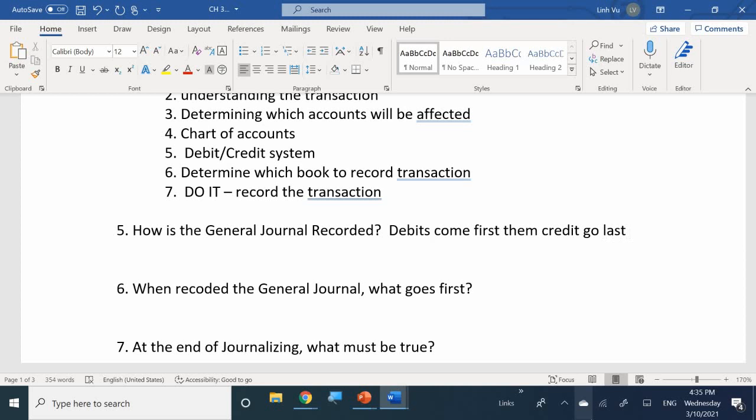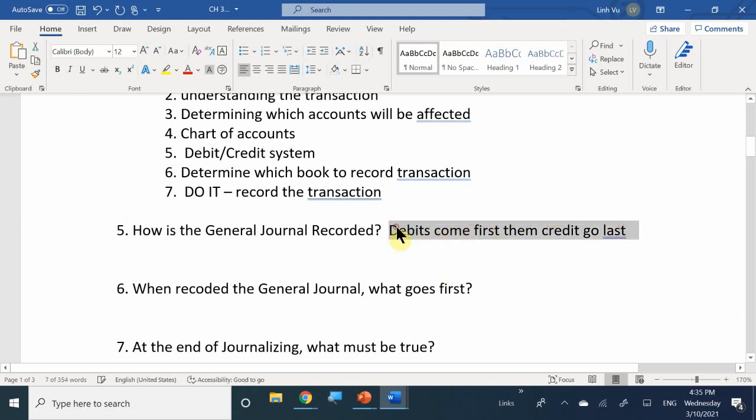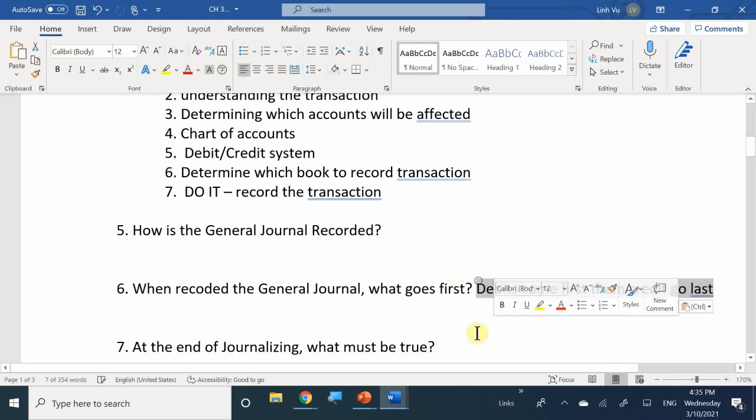Okay. How is the general journal recorded, or when is the general journal recorded? In this case, what goes first? Your debits go first.